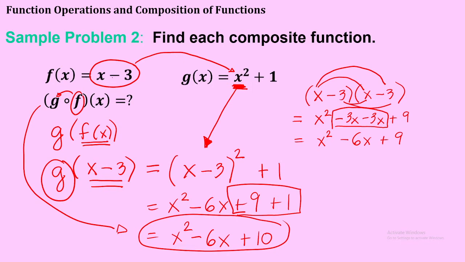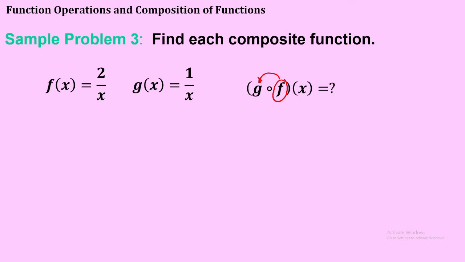In the third example, as you can see, this F is substituted into G. So meaning this x here, class, becomes 2 over x. So if I solve it directly, I'll have the function G of F of x.